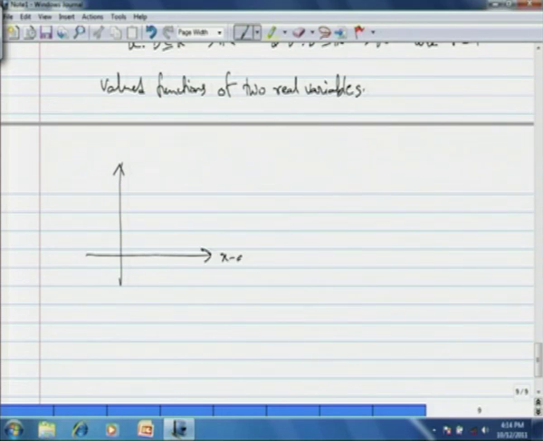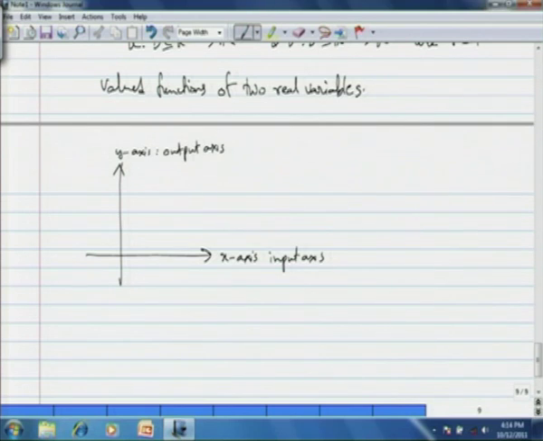The x axis was the input axis. The picture for real numbers is a real line, and the y axis was the output axis.